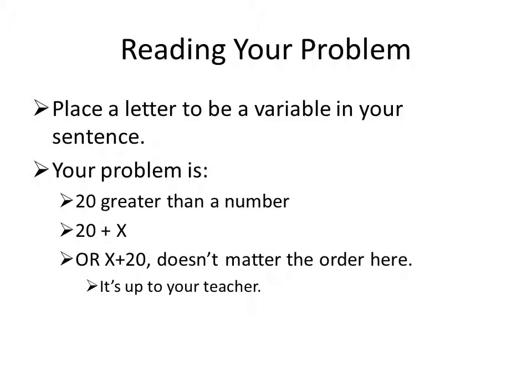You want to make sure that you actually now are going to place a letter to be the variable in your sentence. If you want to stick with just a couple variables that you always lean on, and you use X first or A first then B second and so forth, you have the freedom to do whatever you want here, unless your problem assigns you a variable, or if your test is using certain variables, then you have to obviously use those variables.